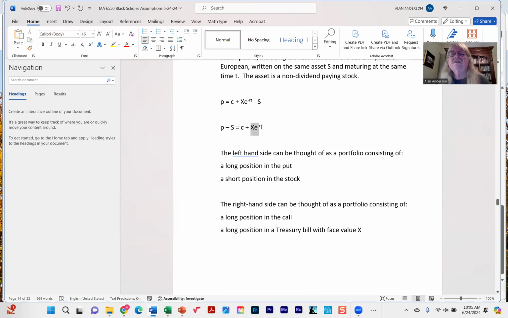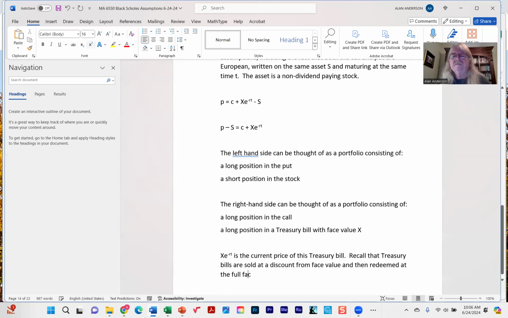This right here represents the price of this treasury bill. If you recall the way treasury bills are set up, treasury bills are sold at a discount from face value and then redeemed at the full face value.